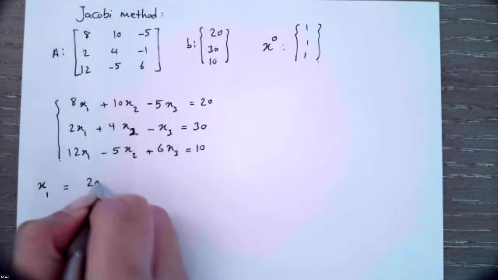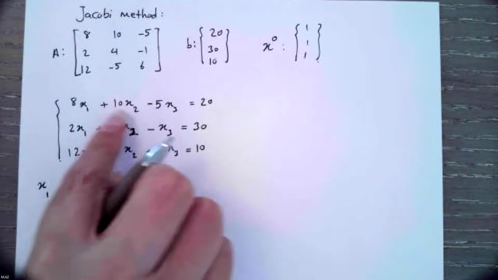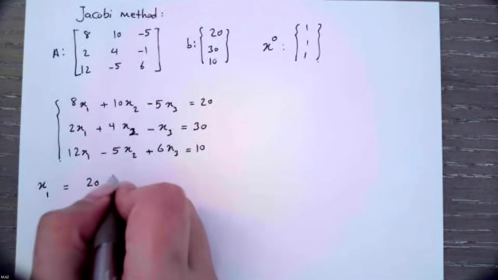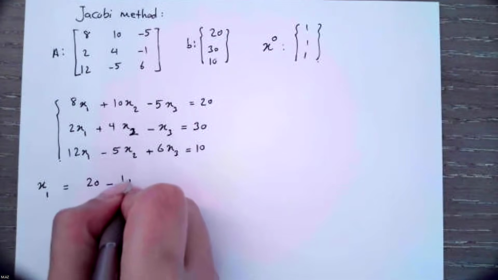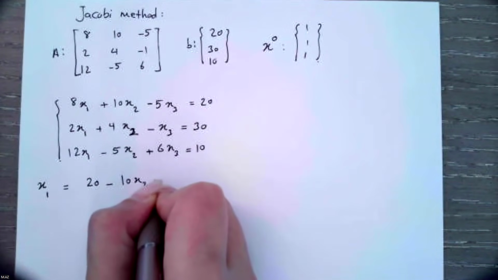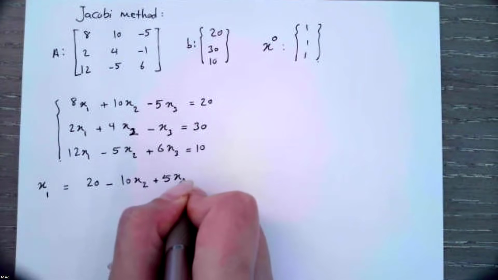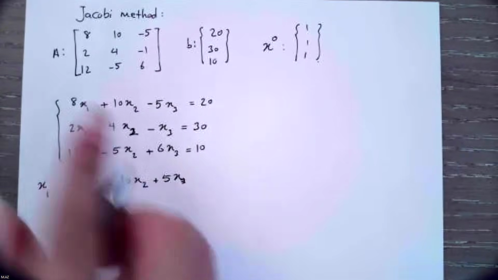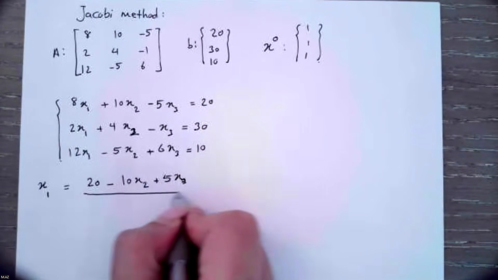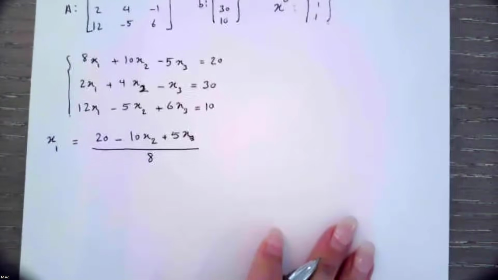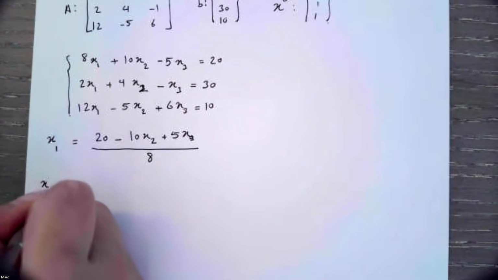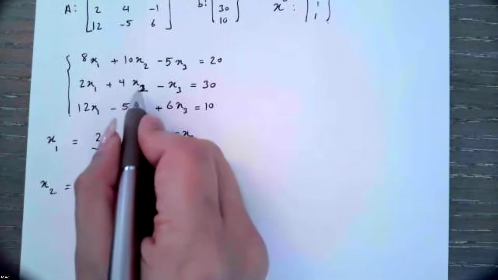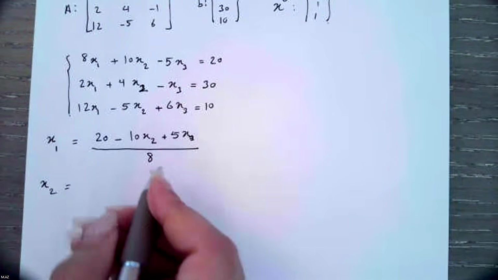We have 20 minus all the elements except x1, moved or shifted to the right side: 10x2, 5x3, and as you can see the coefficient of x1 is 8, so we have to divide by 8. How about x2? We shift all the elements except x2 to the right side.